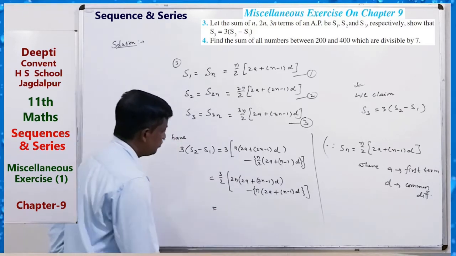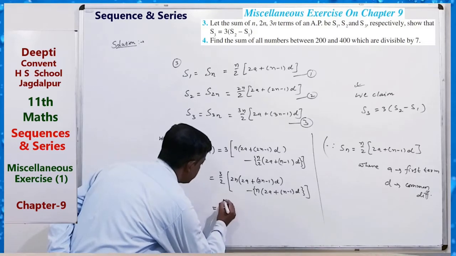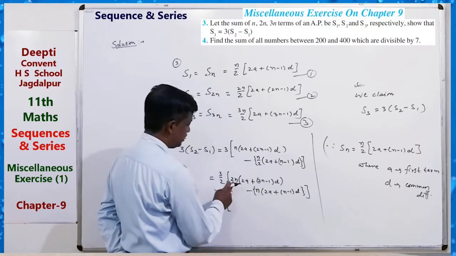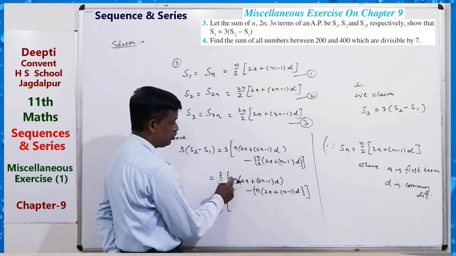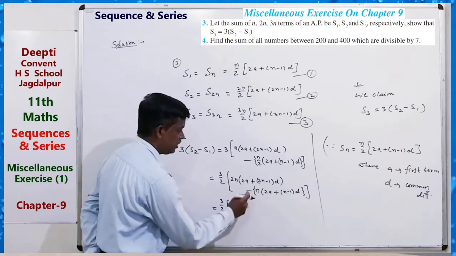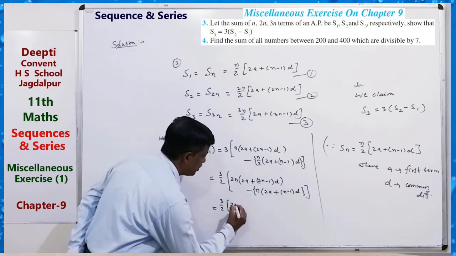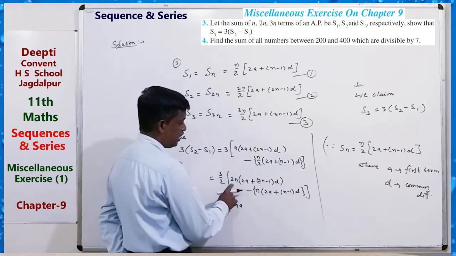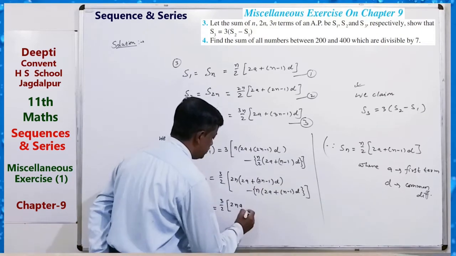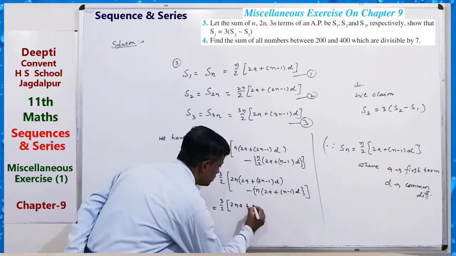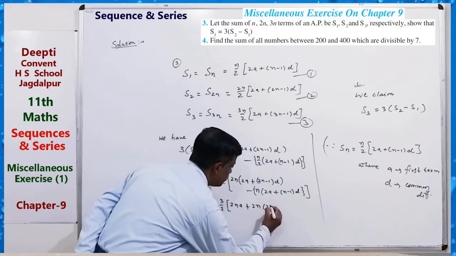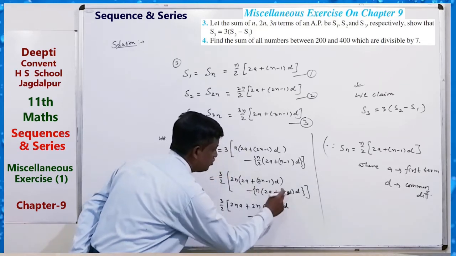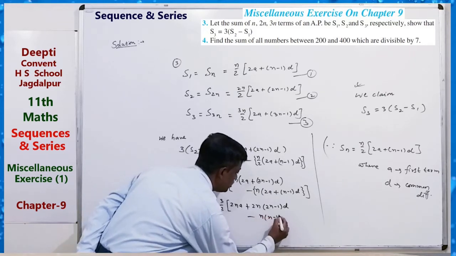So from here we see that 3 by 2 times 2na, here 4, 2 into 2, 4na, minus 2na, that leaves 2na. Here 2n into 2n minus 1 d plus 2n minus 1 into d, and minus n into n minus 1 into d.